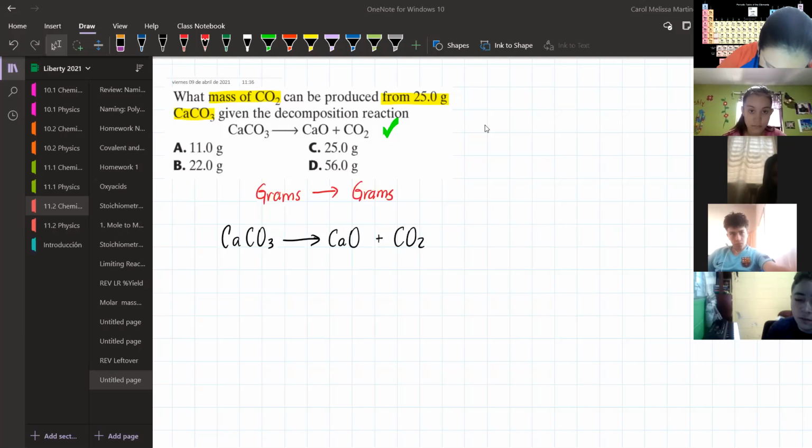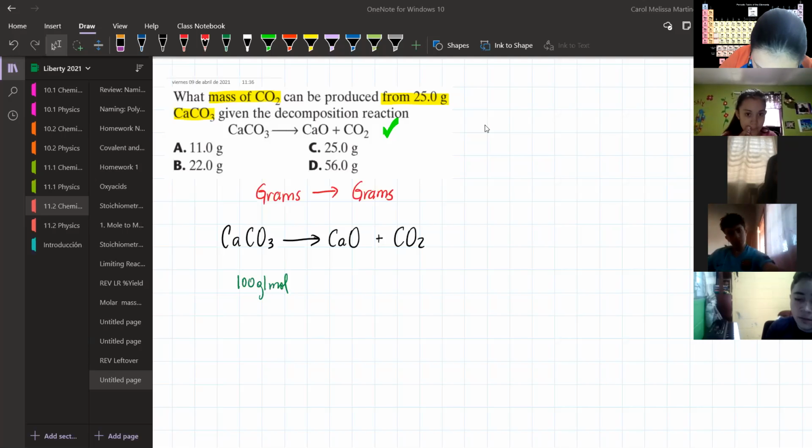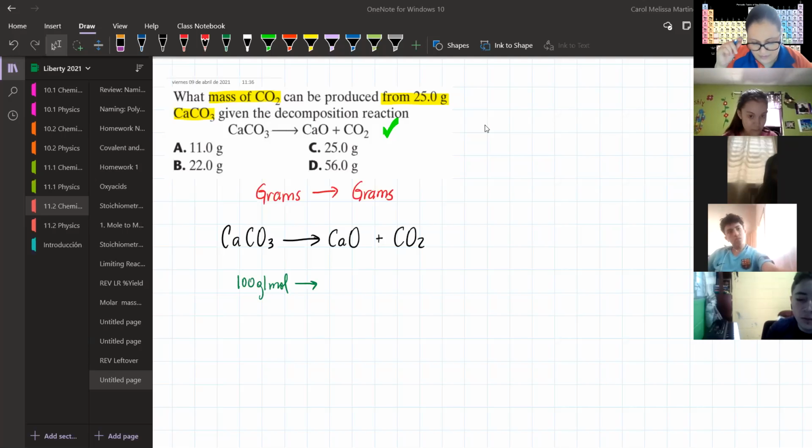So it is 100 grams per mole. Calcium oxide, it's going to be 32 grams per mole. And CO2 is going to be 44 grams per mole.